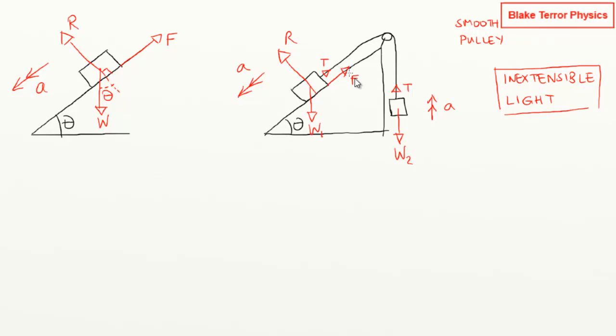And these T's will be the same because the string is inextensible. It's light and inextensible, so there's no extra force provided by the weight of the string because it doesn't have one, and there's no variability in the tension because it's inextensible.